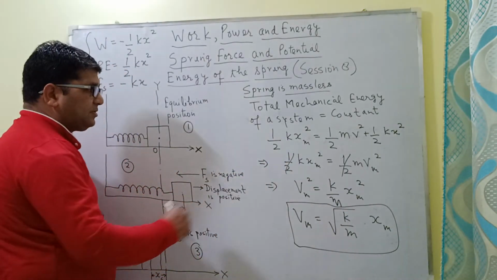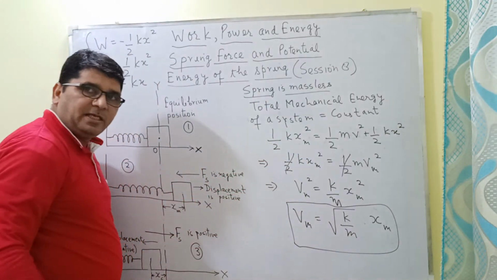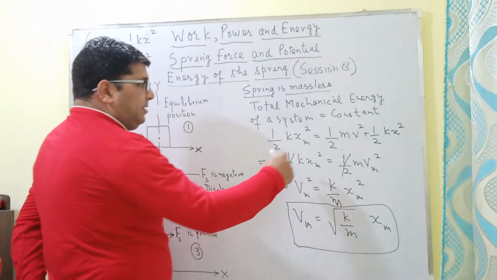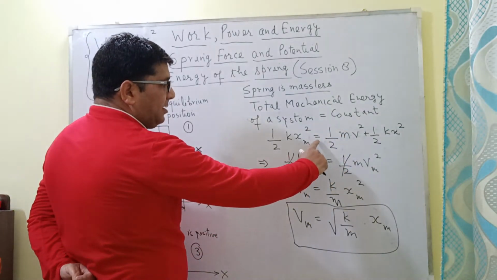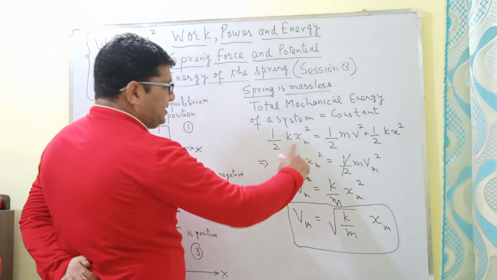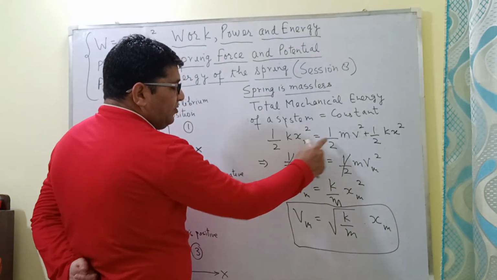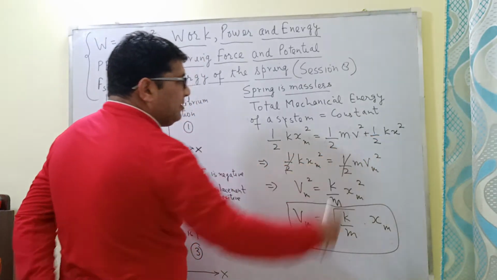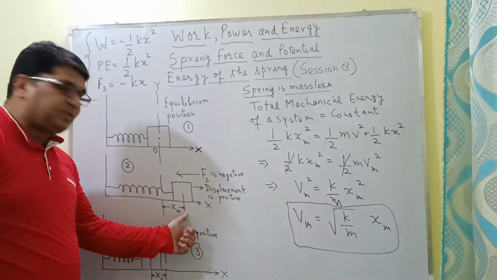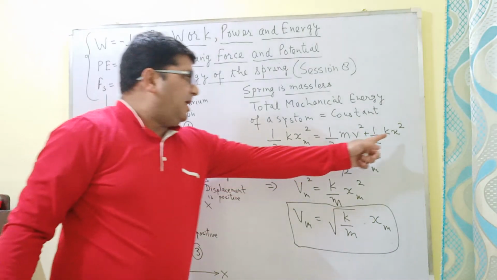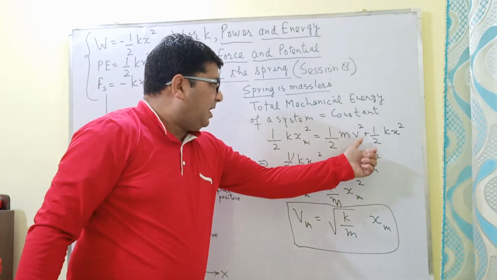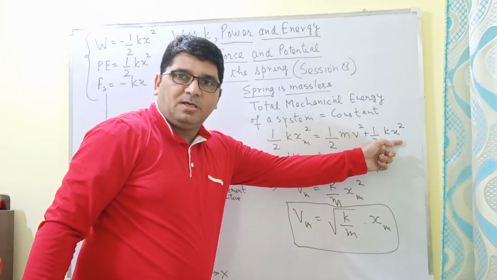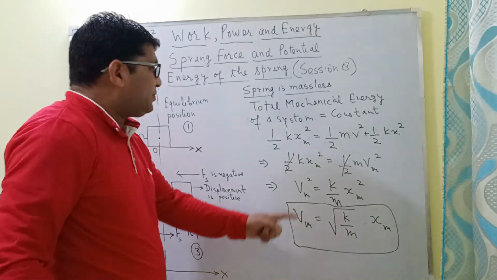But when it is released, this energy will be getting converted partly into kinetic energy also. So when this block is released, half k xm square will be equal to half m v square plus half k x square. Now this is the value at any moment of time when this block is released. Here x is the displacement and v is the velocity of that block at this displacement.